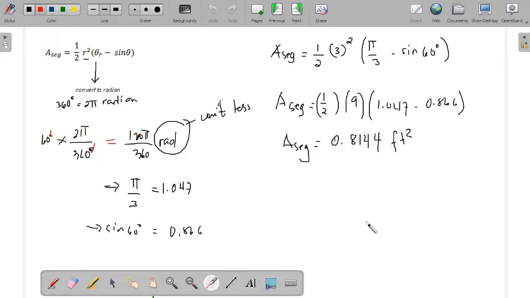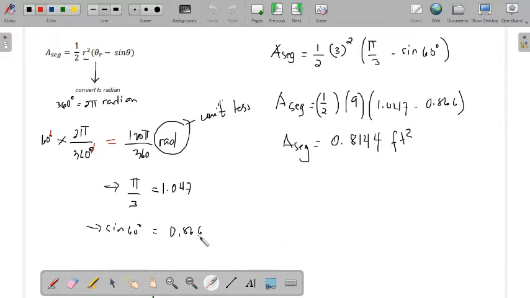So it means the work is not yet cancelled. This radian means that there's no unit, right? So unitless. Reducing this to the lowest term, we have pi over 3 equal to 1.047. And sine 60 degrees is equal to 0.866.